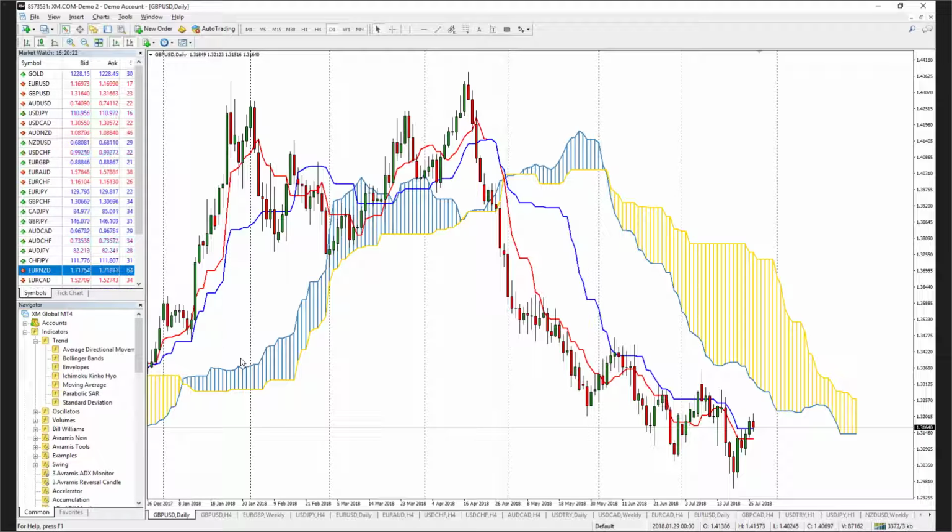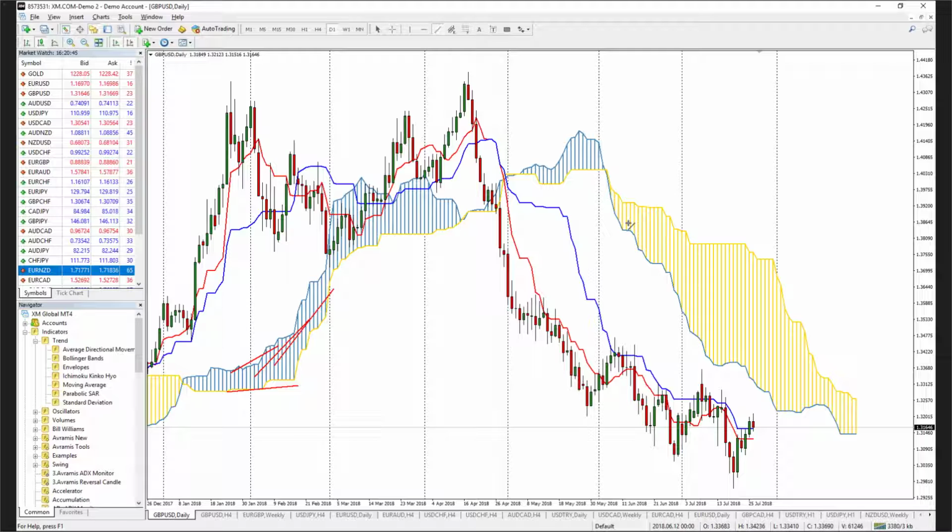Yes, now we'll explain it, of course, later on. But when Senkou Span A is above Senkou Span B, this gives a bullish shaded Kumo. The Kumo, or the cloud, is the area between these two lines. Now, when the Senkou Span A is above the Senkou Span B, the Kumo is colored in a bullish color.